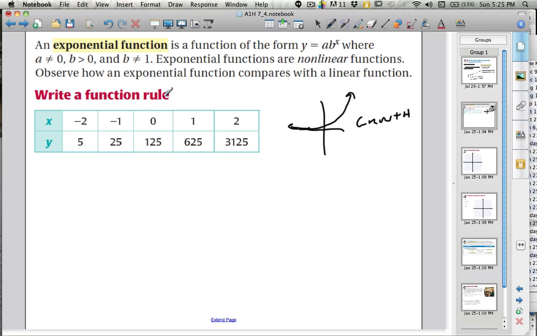If I wanted to write the rule for this function, I would want to start looking at how could I figure out what was going on in this function. Okay, so I know that x is -2 when y was 5, so 5 would be equal to a times b to the -2 power.